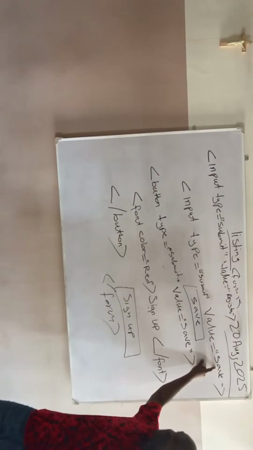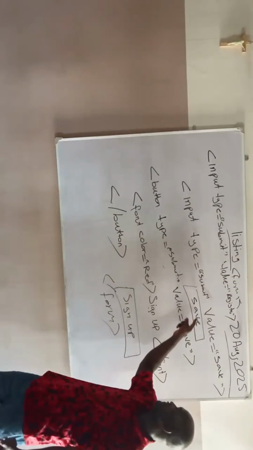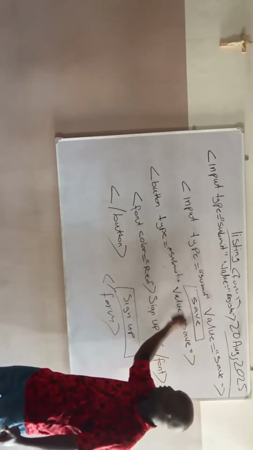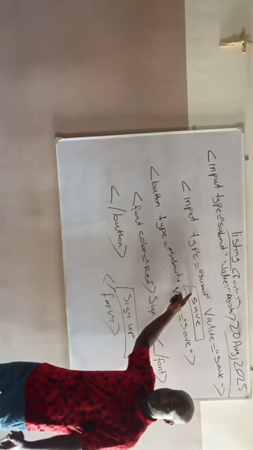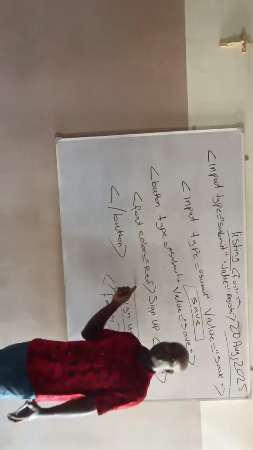So what it will submit to me as the value is save. And because it is an input format, because of the way it is being written, the user will also see save here. The value will display on the button. But in the other case, the value will not display on the button.